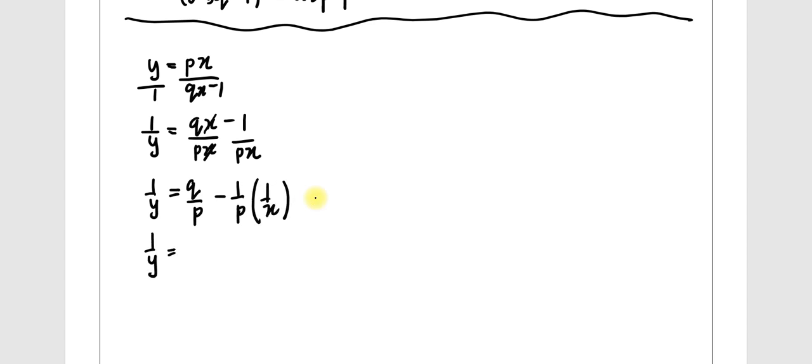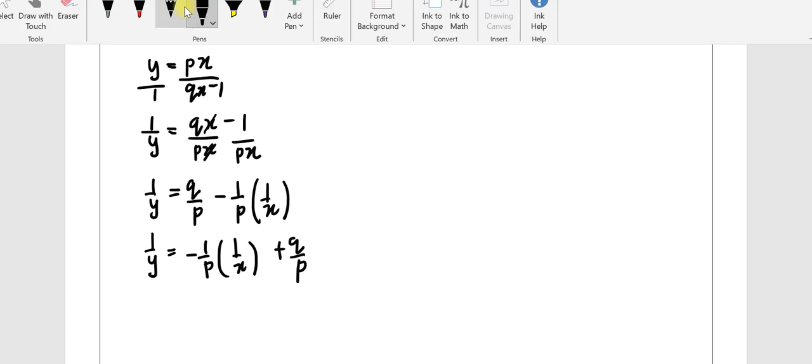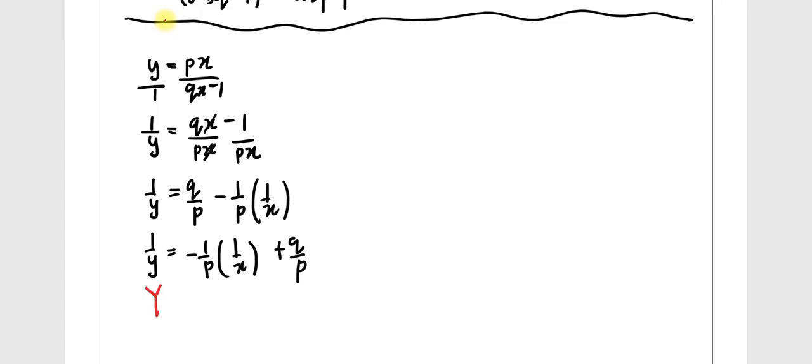So if I rewrite this, I'll get negative 1 over p, 1 over x plus q over p. Okay, so this is your y, this is your m, this is your x, this is your c.